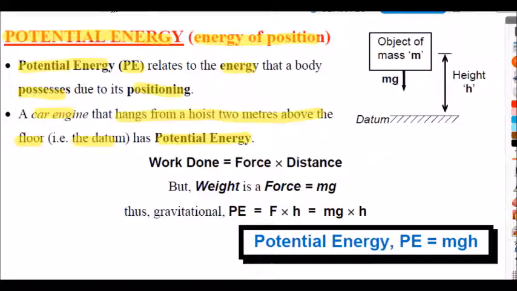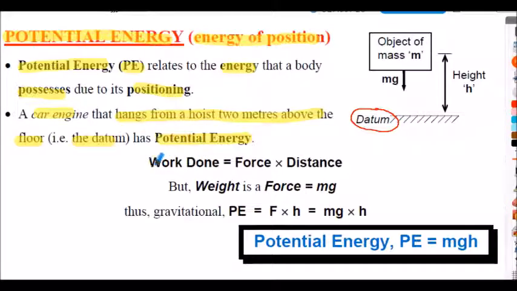We must, whenever considering potential energy, specify a datum, and the datum can be taken anywhere in the system. It can be above the object, below the object, on the object. But I would encourage you to state the datum at the lowest point in the system. So in this case, with the engine hanging from the hoist, the datum would be the floor.